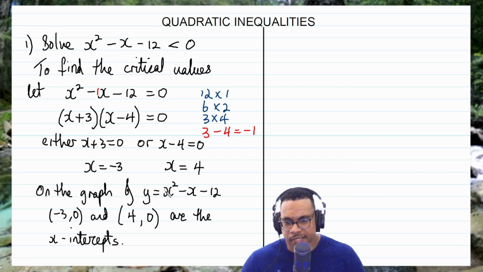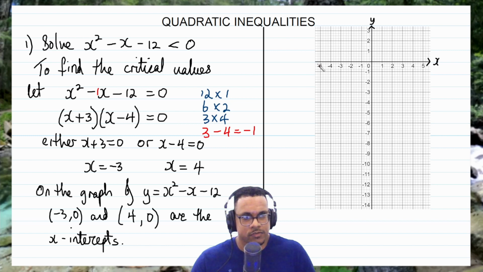Now a key point to note is that the coefficient of x squared is positive, therefore this graph would be a minimum curve. So here I have my x and y axis. I know my x-intercepts are negative 3 and positive 4. And I know this constant here on the quadratic, this negative 12, would be my y-intercept.